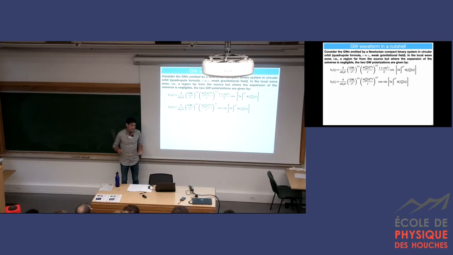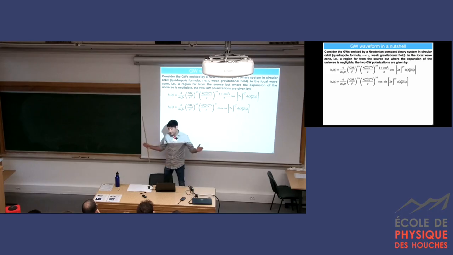I think that maybe last week in one of the courses it has already been mentioned that the polarizations have a factor, the luminosity distance, and that you need to account for that if you consider sources at cosmological distances. But here I just want to go step by step and show you how this actually comes out. I'm considering here a binary system, point sources, a very easy, basically Newtonian system.